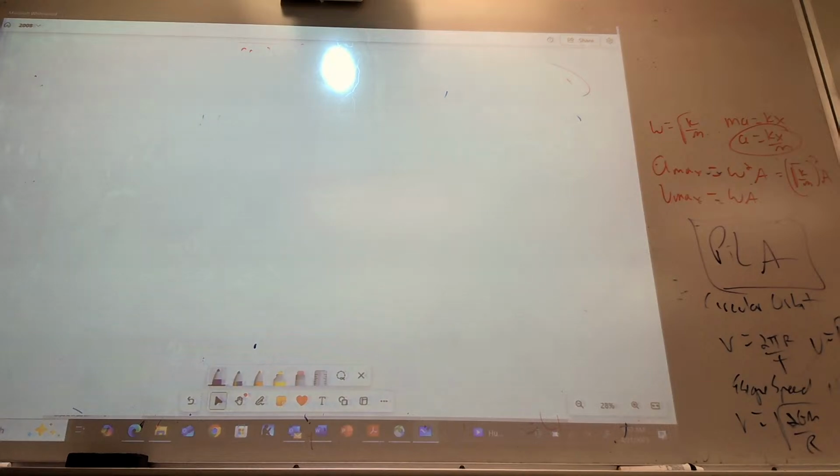Now, in every equilibrium problem, you're writing that sigma torque equation. You may not have to write sigma Fx or sigma Fy. You may or may not, but you always have to do sigma torque. Now, I even have the vectors for you in the pack. You have the force on the hinge.